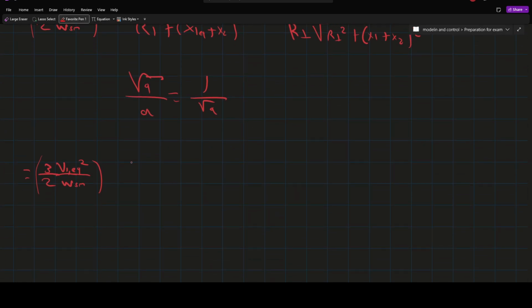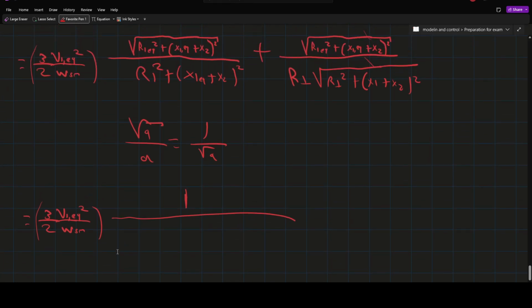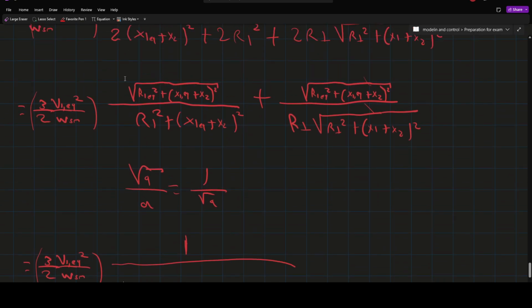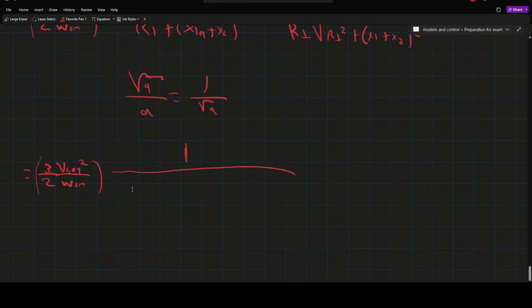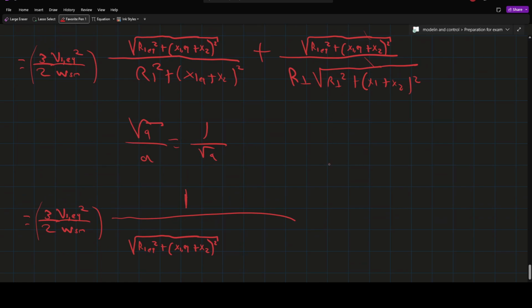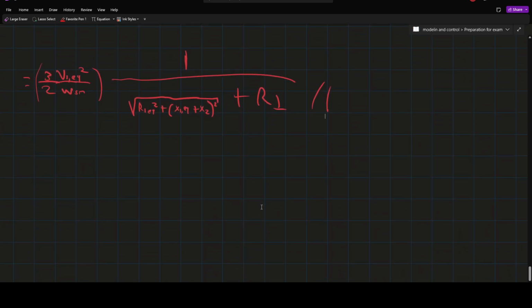So when we join them together again, 1 over this square root plus r1, and this is the equation for our maximum torque.